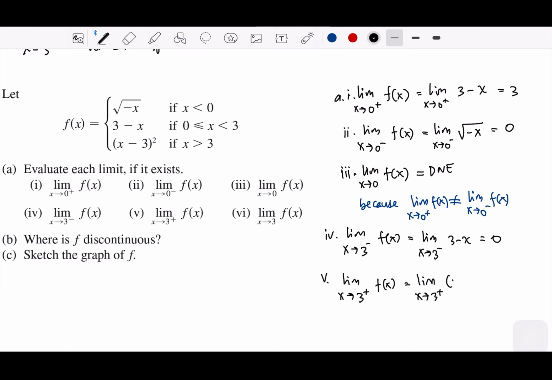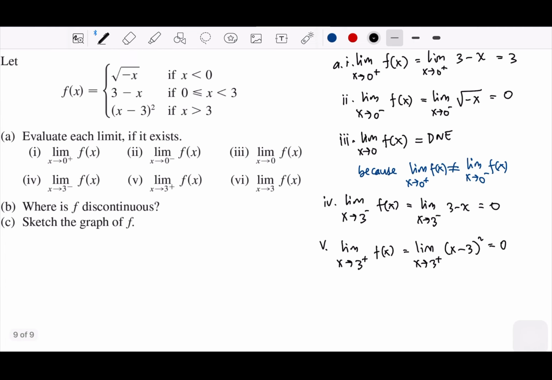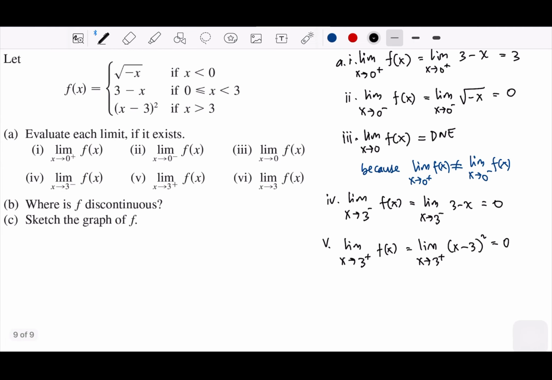We will have x minus 3 squared, which is equal to 0. So we have the same conclusions, which means the limit is equal to this, and this also concludes that it will be equal to 0.